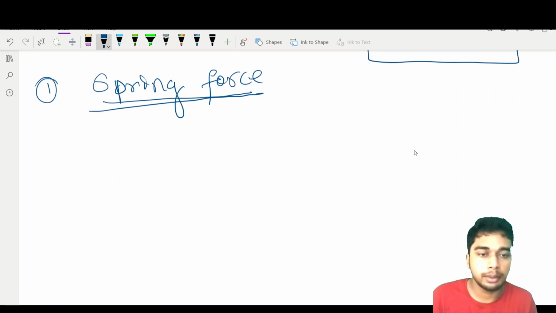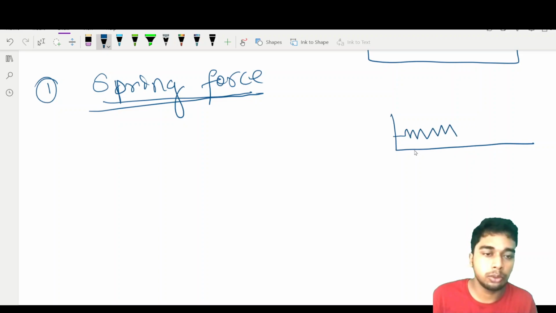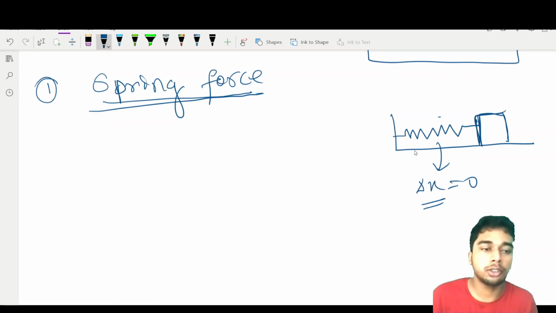So for example, we have a spring connected to a block, then there will be a tension. This is the initial condition, and I consider that there is no extension. I'm assuming the extension or compression is zero, so the system is at rest.